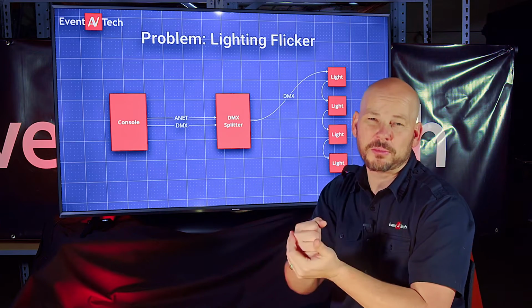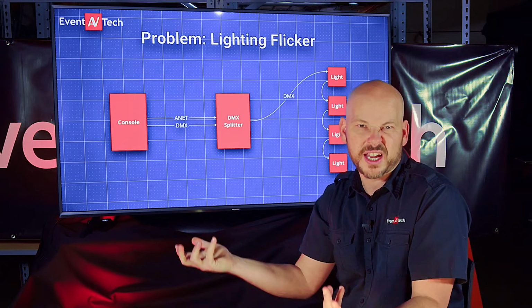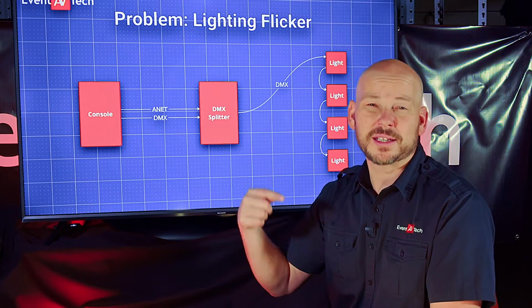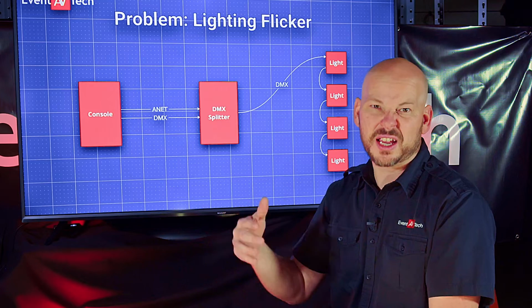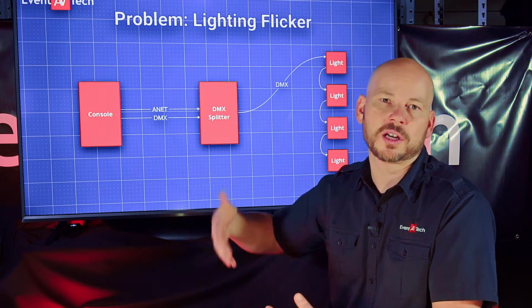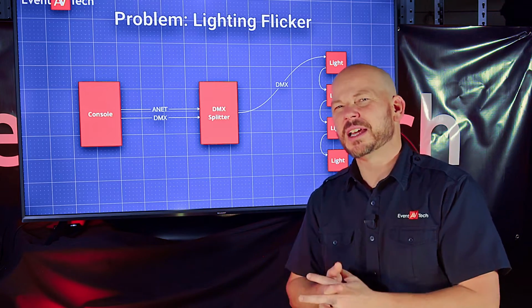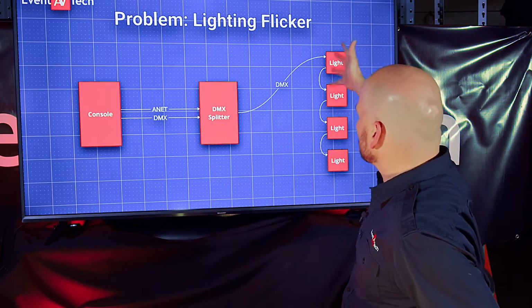So by putting a terminator in the last light in the sequence, it allows that signal to get renormalized back to 120 ohms so that you've got the right resistance across the chain, okay? So those are the two most common problems and the way that I'm going to troubleshoot my lighting.